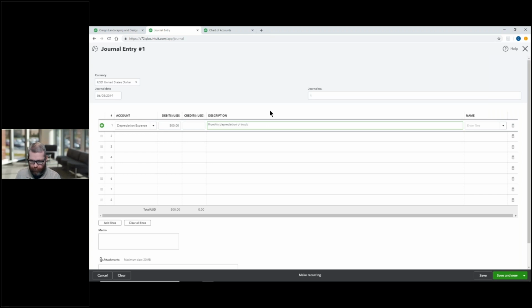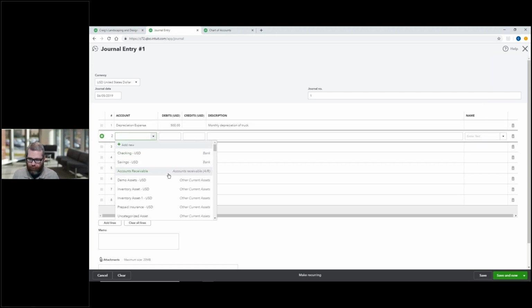depreciation of truck. And then in the second line, we're going to click our drop-down arrow, and we've got a fixed asset named truck. There are a couple of different ways that people do this. Sometimes people will set up their fixed asset as a single fixed asset, and then they'll have another fixed asset called accumulated depreciation that they use for all of the accumulated depreciation for all of their different assets.